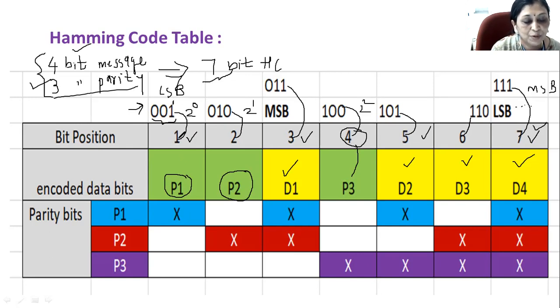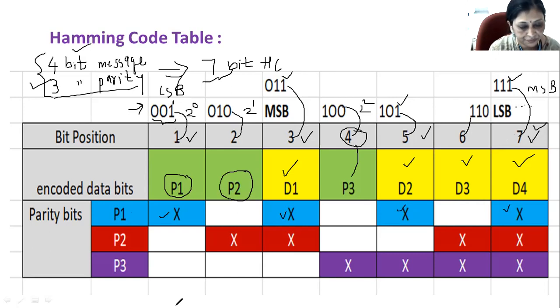So the LSB position is 1 for bit position 1. It is also 1 for bit position 3, it is also 1 for bit position 5, and it is also 1 for bit position 7. So in order to assign a value to parity bit 1, we have to check the locations 1, 3, 5 and 7.